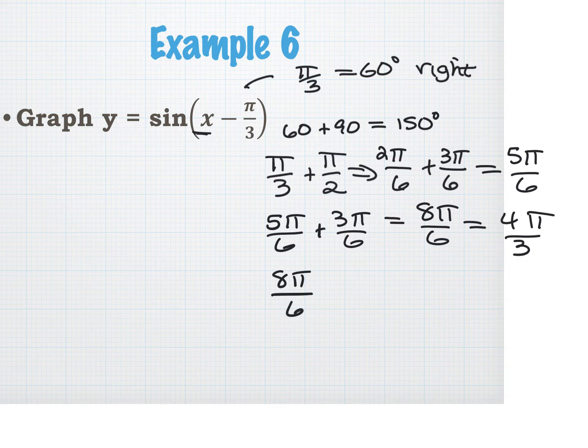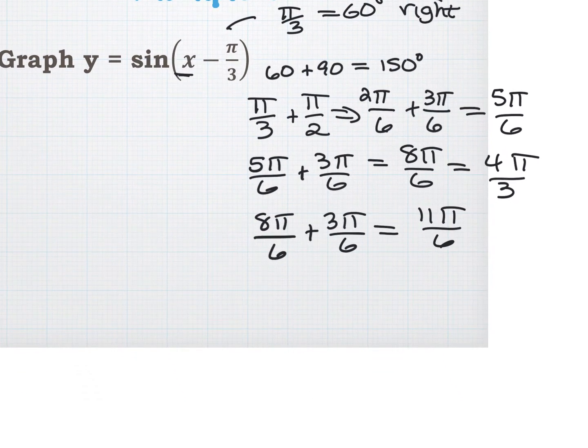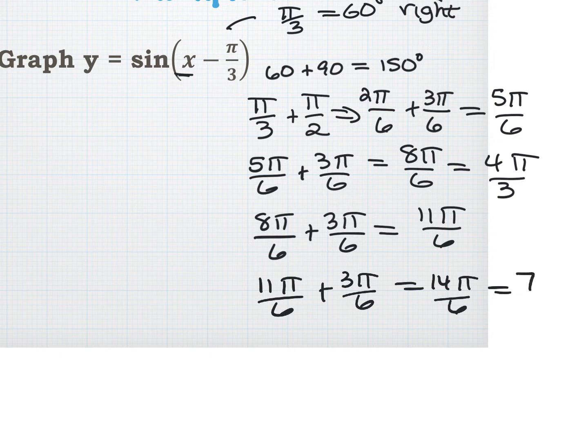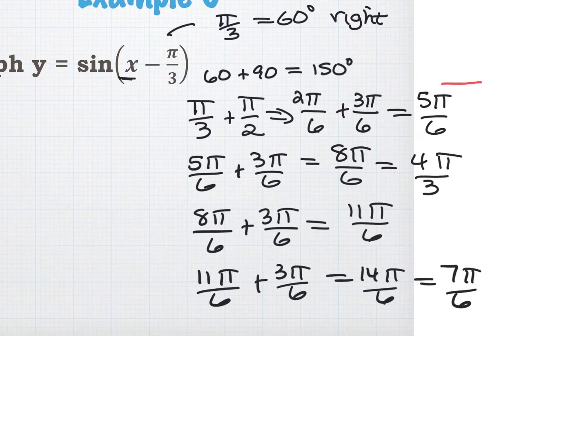It's 6. So 8 over 6 plus 3 over 6, and I end up with 11 pi over 6. I need to do another one. 11 pi over 6 plus 3 pi over 6 is 14 pi over 6, which reduces to 7 pi over 6. I now have 4 points that are to the right side of my starting point.